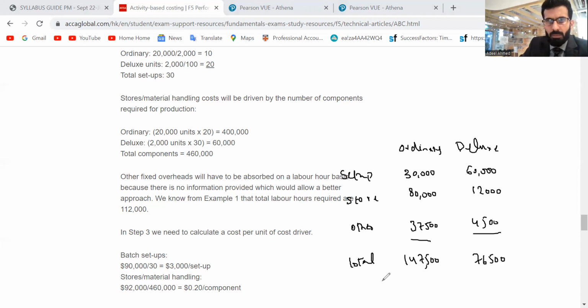So this is the total amount of overheads, which would then be divided by the number of units, which is 20,000 for ordinary and 2,000 for deluxe. When we divide, we get the indirect cost per unit, which turns out to be 7.375 and 38.25.